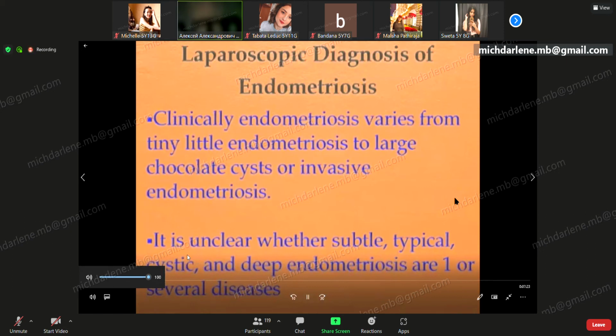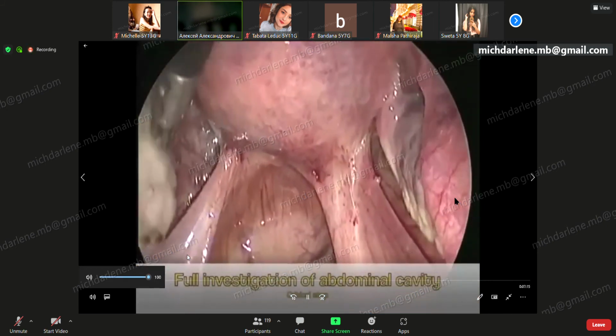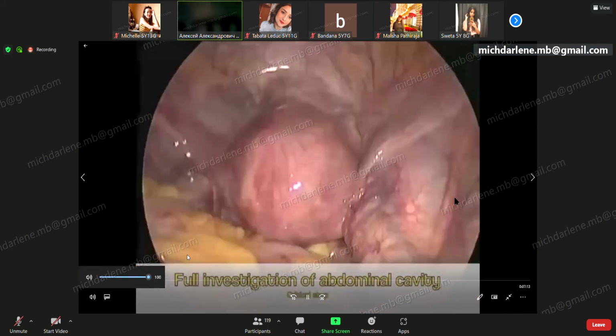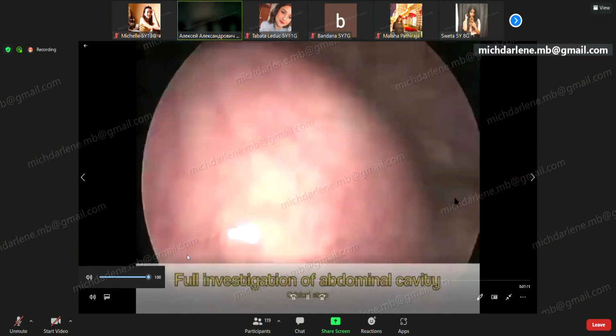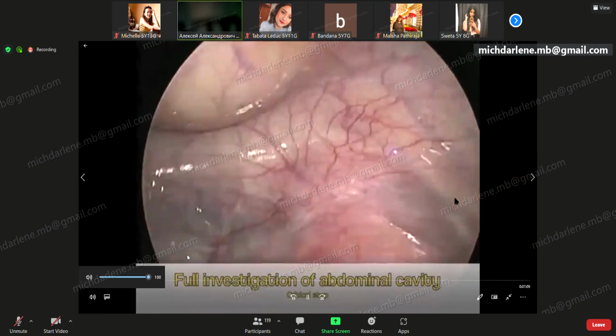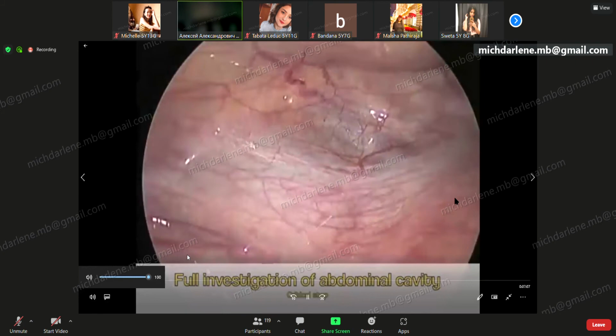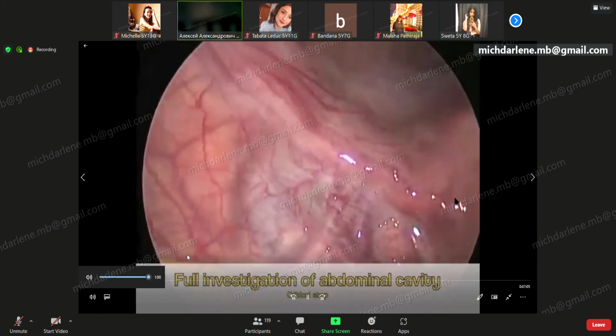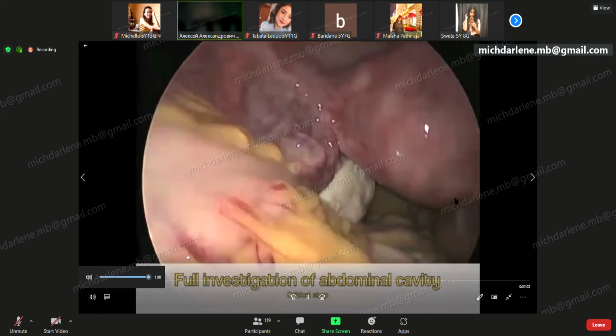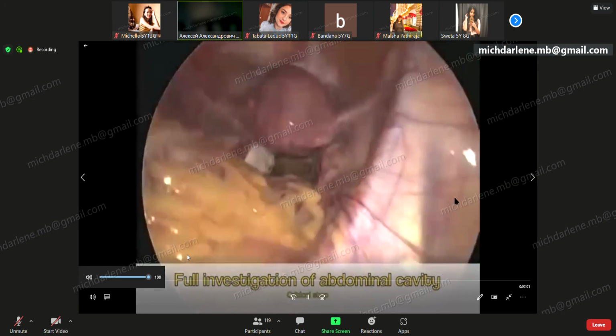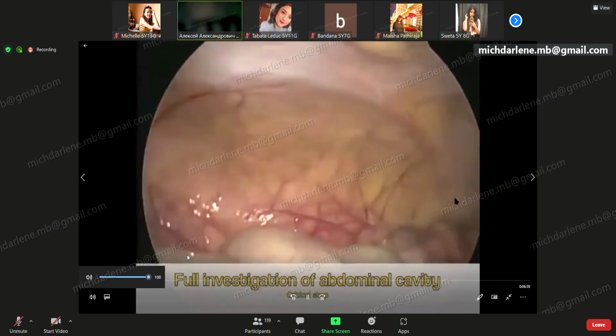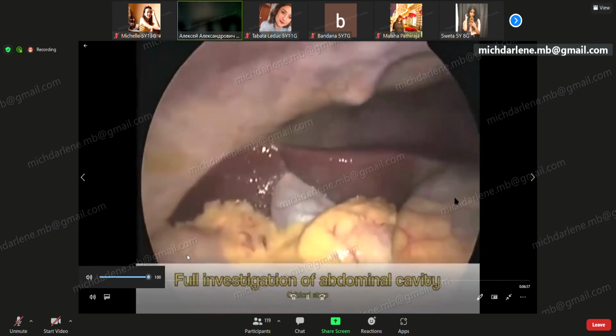It is unclear whether subtle, typical, cystic, or deep endometriosis are one or several diseases. It is critical to investigate the abdominal and pelvic cavity thoroughly. Careful notation should be made of the size, depth, and proximity to other anatomic structures.